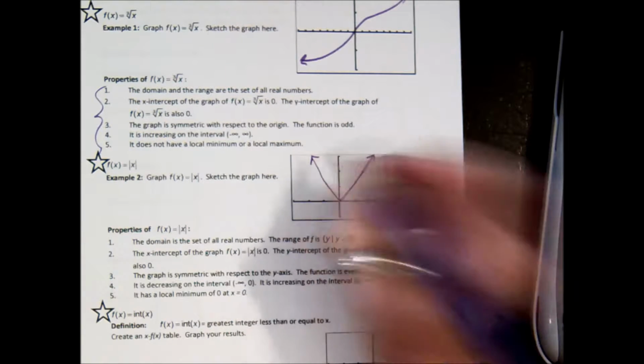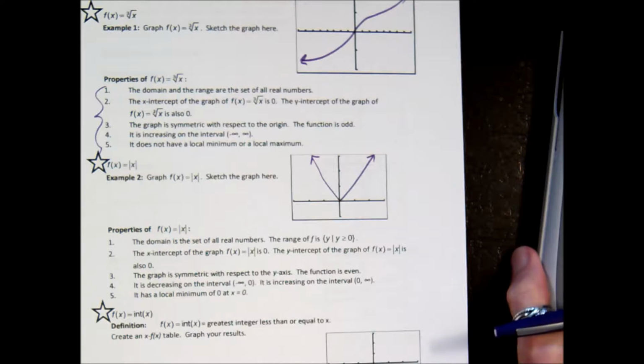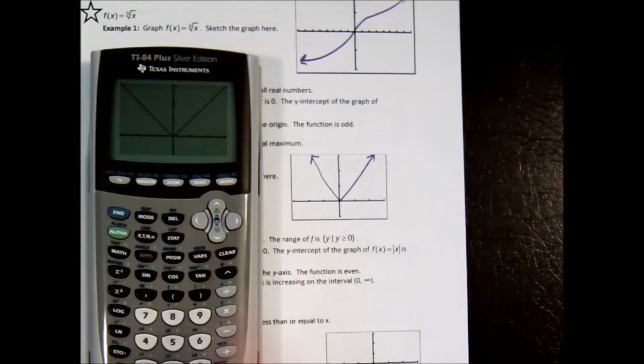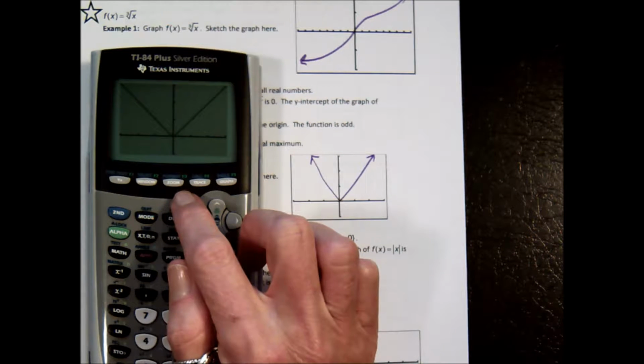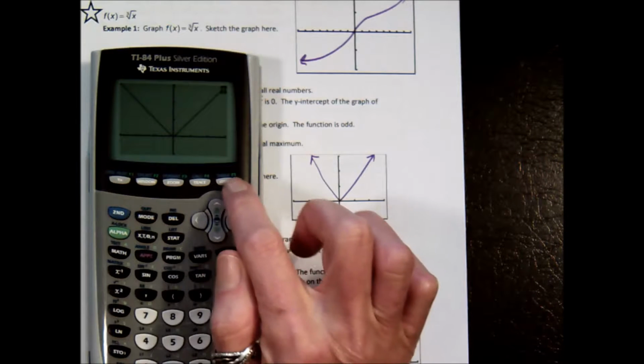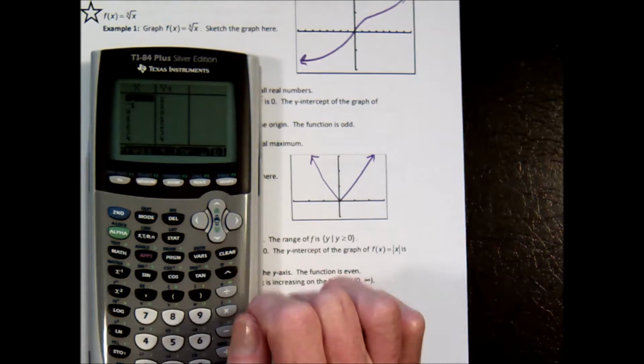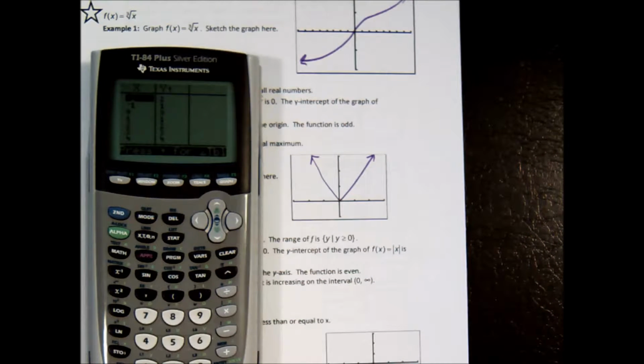We're not actually looking at the points on the graph. However, if you wanted to look at those points, you could get into your graphing calculator and see those under table, which is up here, second table on the graph button, and you can see your x's and your y's.